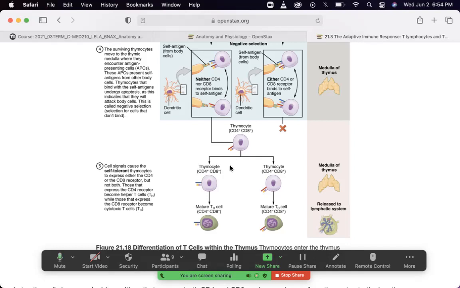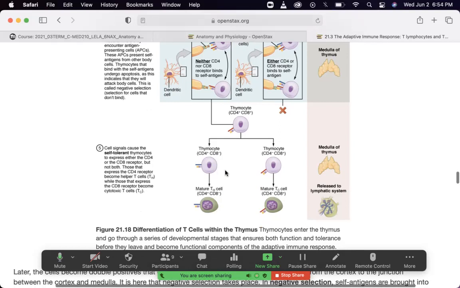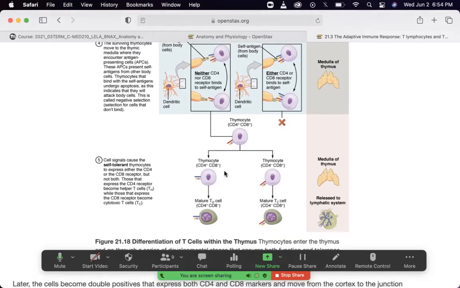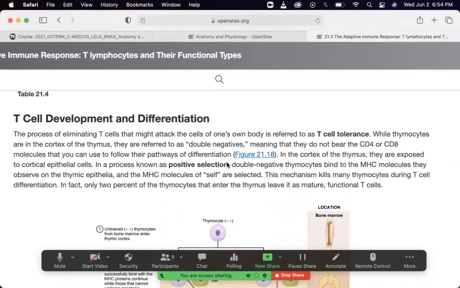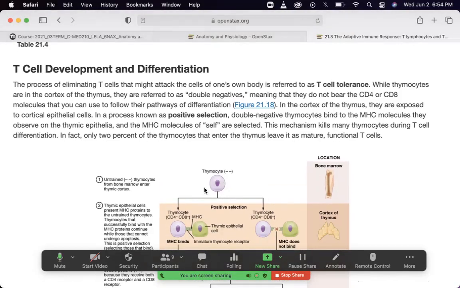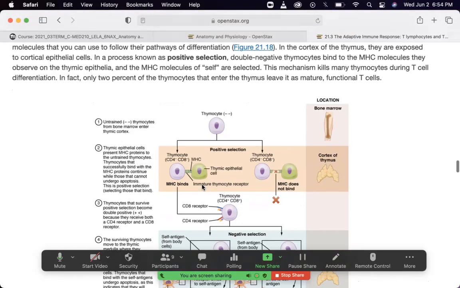And number two, the T killer will do what it's trained to do, kill, or phagocytose the thing that it's attached to. And that is T cell or cell-mediated immunity.